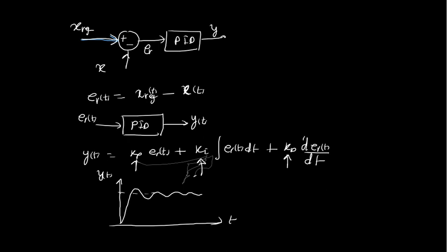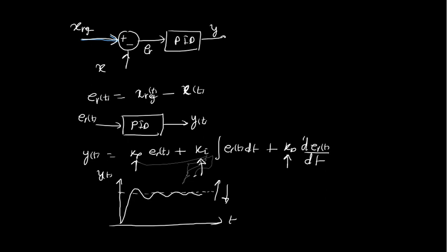In this case, what does KP do? KP basically changes the gain, so it will move this curve up or down. It will increase or decrease the gain just to reduce the error. But it has some limitation, it cannot go beyond it.